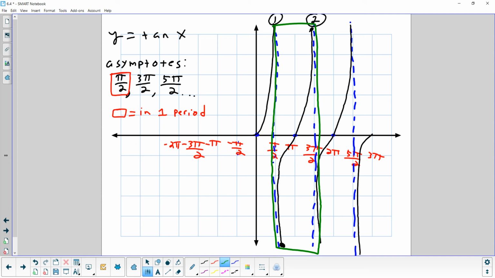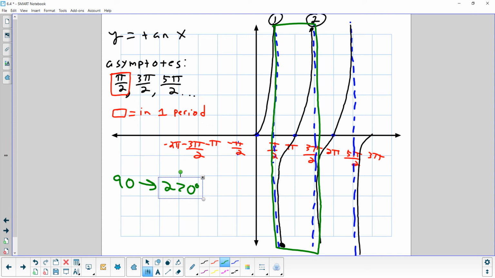Yeah, that's 90. And how about 3 pi over 2? How much is that? Yep, 270. That's the beginning and the end of one cycle of tangent. What's the difference between those two numbers? Yeah, 180. That's the cycle of tangent. It has a 180 degree cycle.